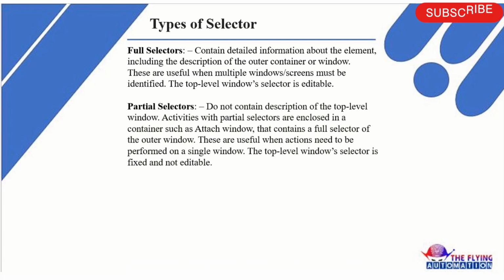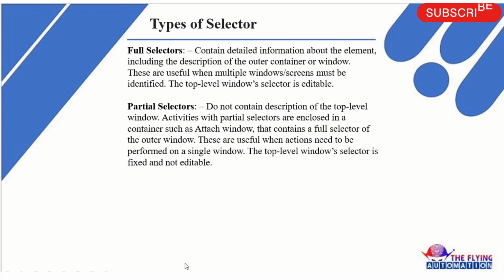Now we'll see the partial selector. A partial selector does not contain the description of the top-level window. Activities with a partial selector are enclosed in a container, such as an attach window, that contains the full selector of the outer window. These are useful when actions need to be performed on a single window. The top-level window selector is fixed, or not editable.